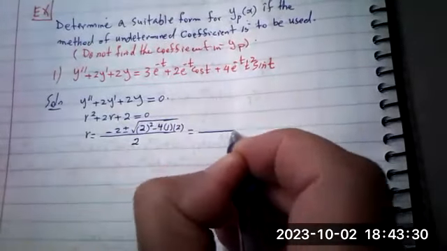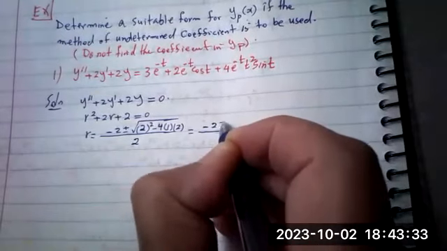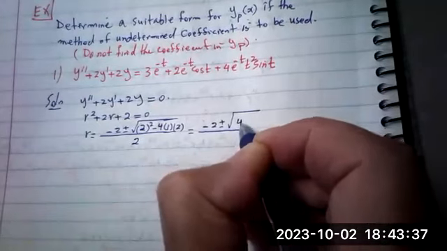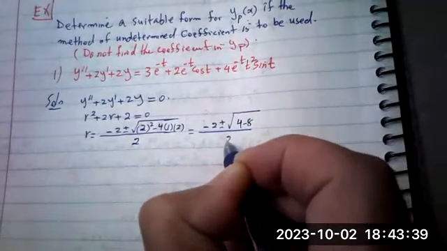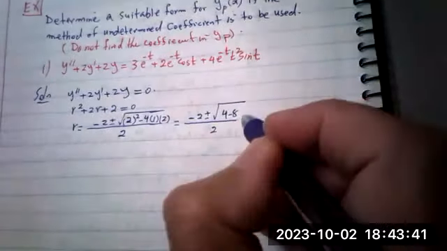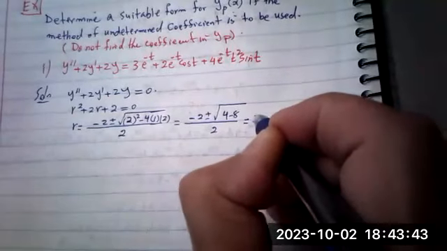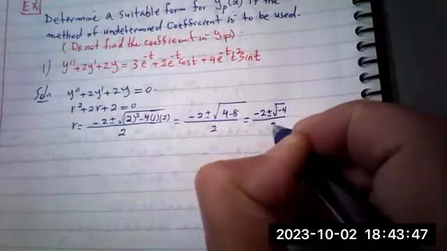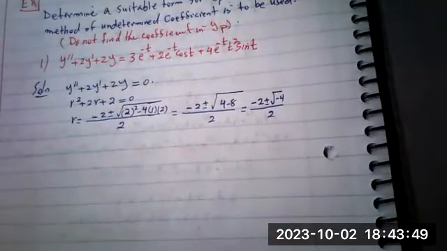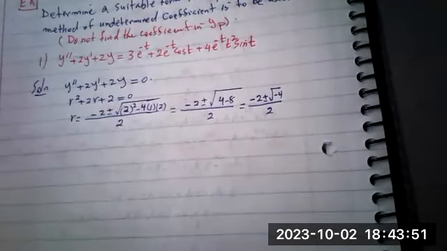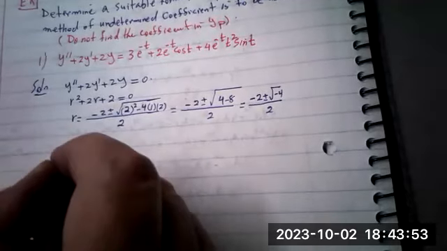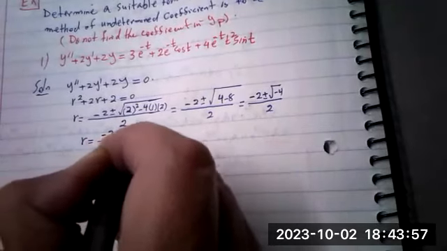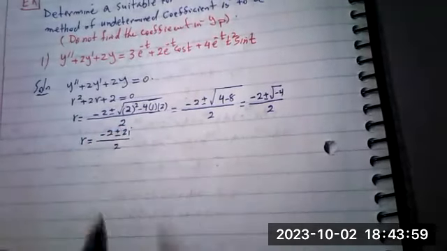Simplify inside the radical: negative 2 plus or minus the square root of 4 minus 8. 4 minus 8 would be negative 4, and you're able to use complex numbers. Radical negative 4 is 4i squared, so r would be negative 2 plus or minus 2i over 2.